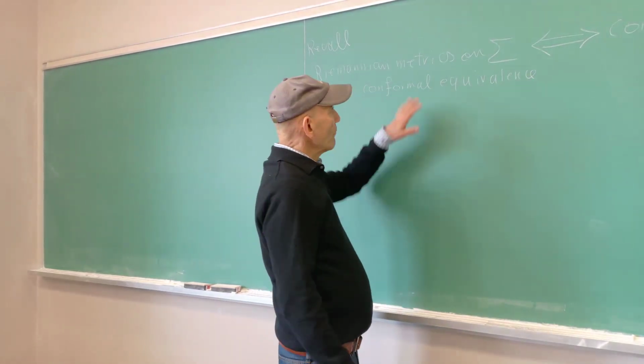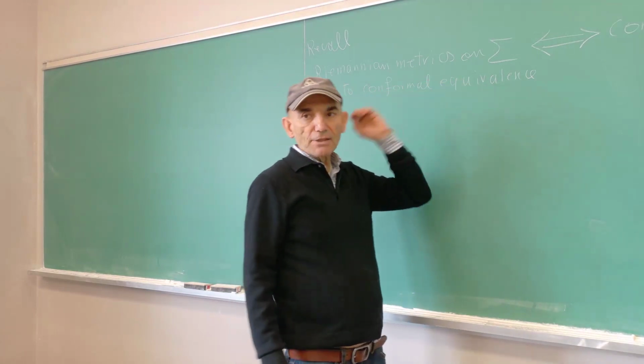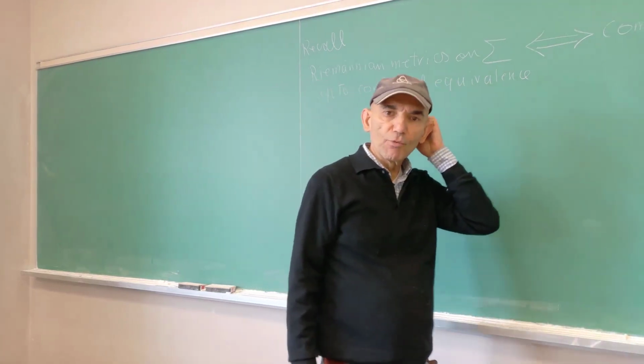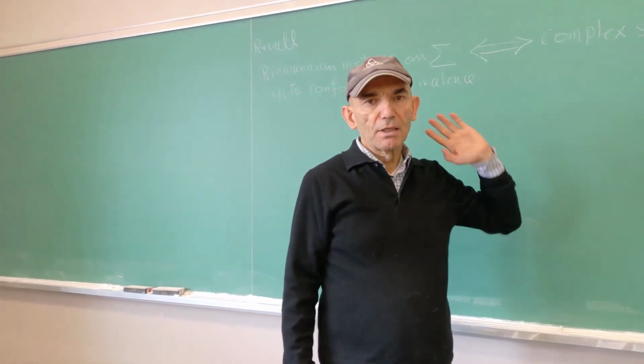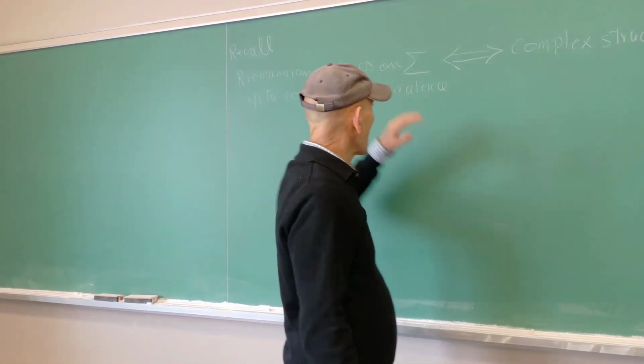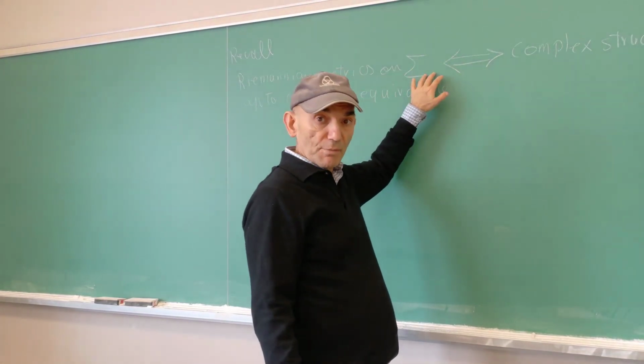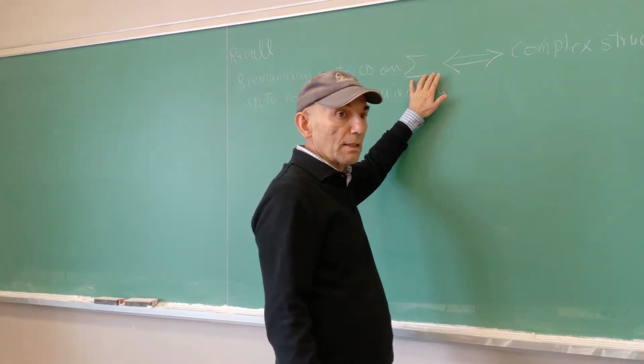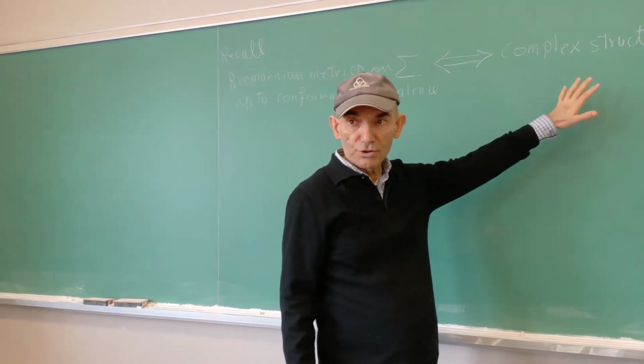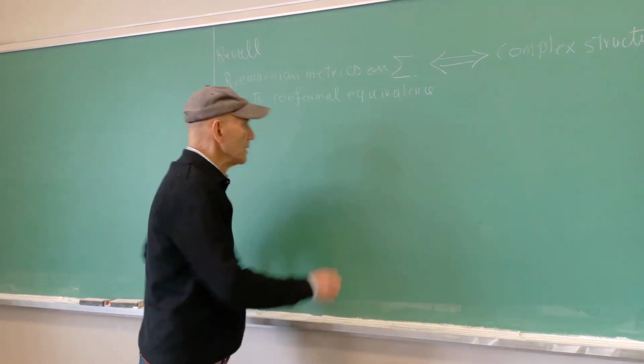Okay, but for this direction, actually, we don't have to go to conformal classes. For this direction, I can start with a Riemannian metric here, and then I give you a complex structure. So let me show you how.